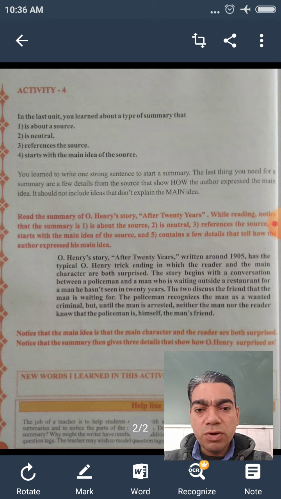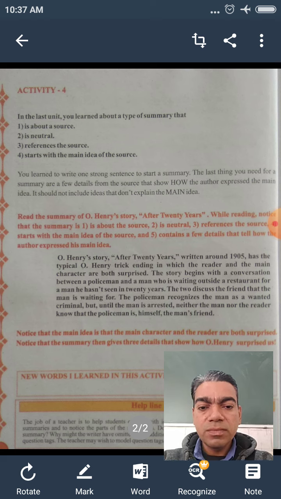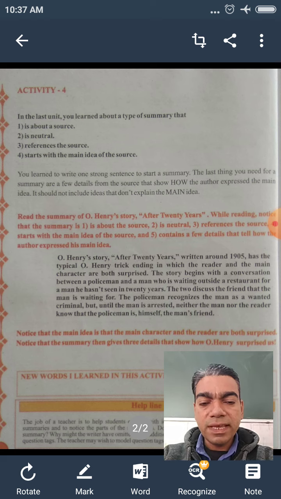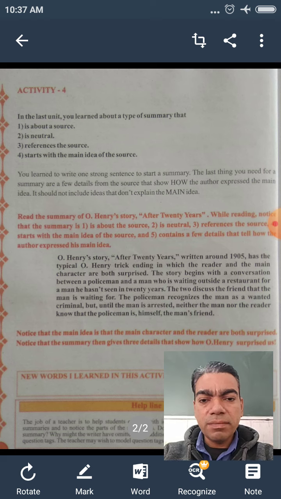O. Henry's story After 20 Years, written around 1905, has the typical O. Henry trick ending, in which the reader and the main character are both surprised. The reader is surprised because we thought these two men, after 20 years, would meet happily.